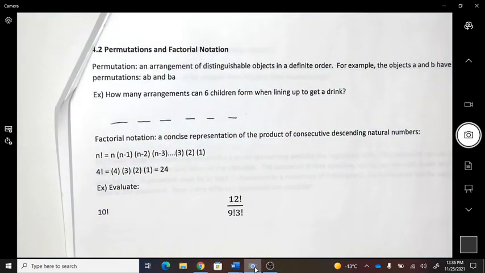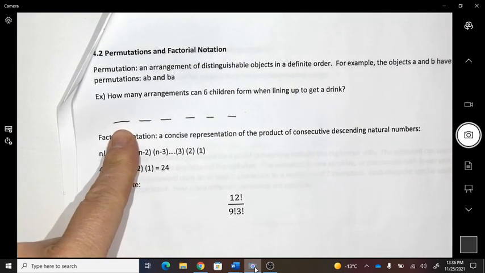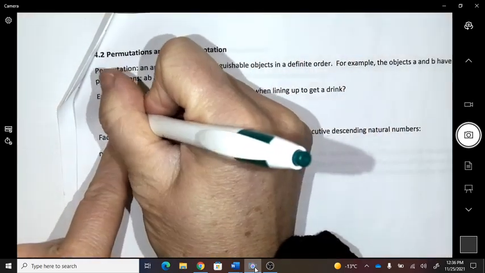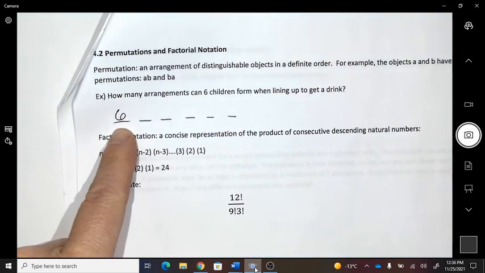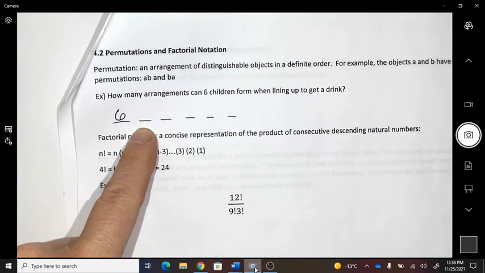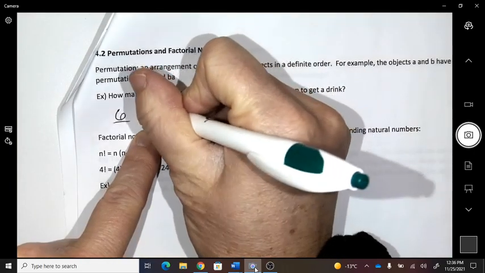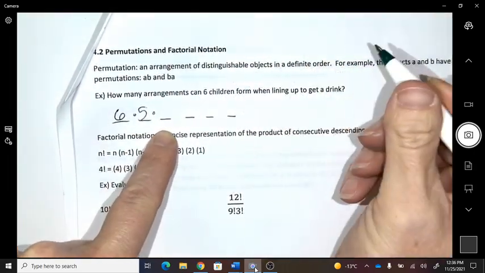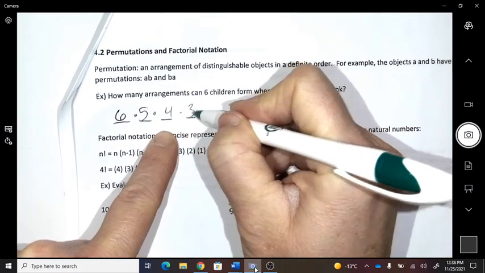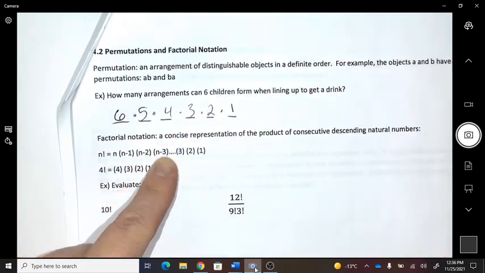There's my 6 spots in the line. How many options do I have to put somebody right away? 6. How many options do I have to put somebody into the next position? 5. Then 4, 3, 2, 1.